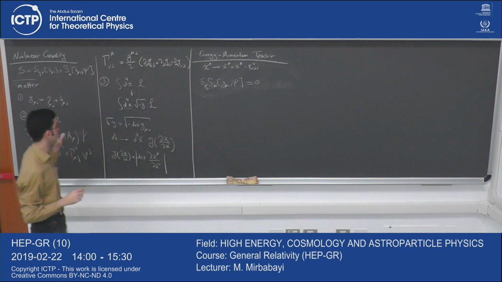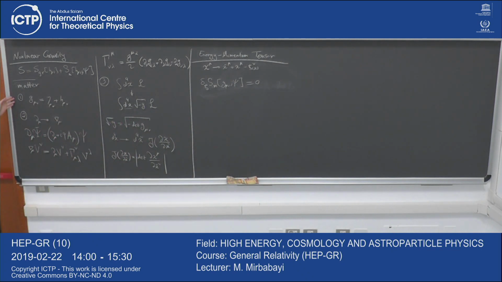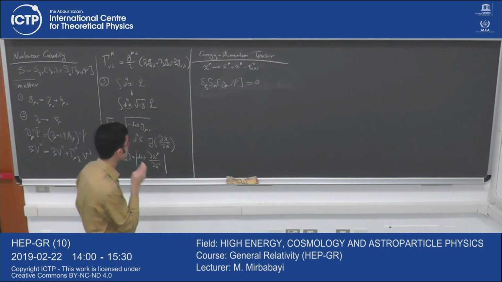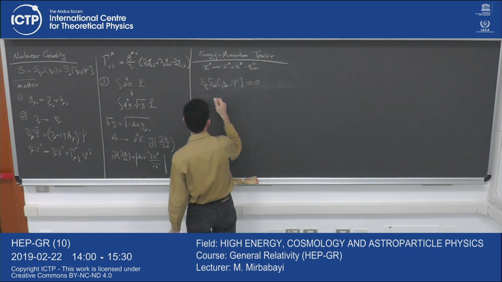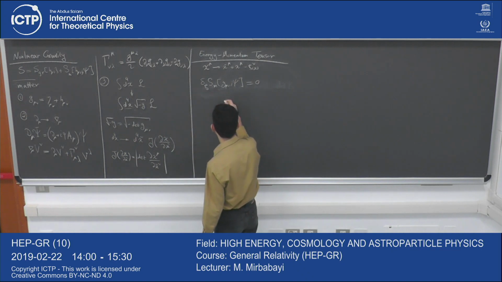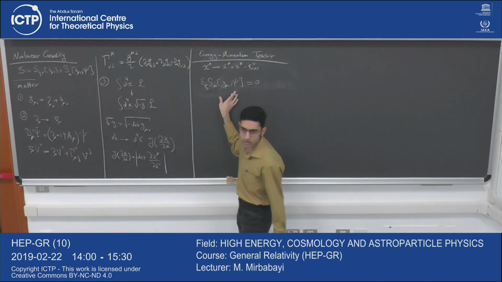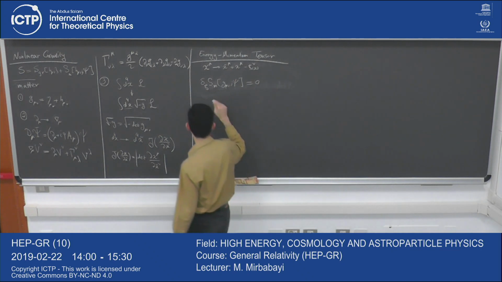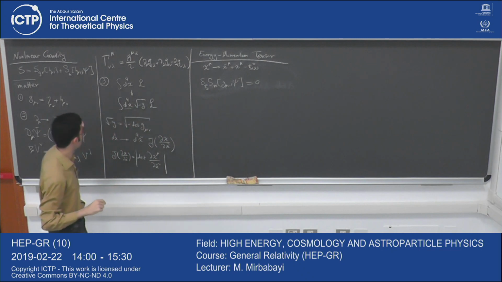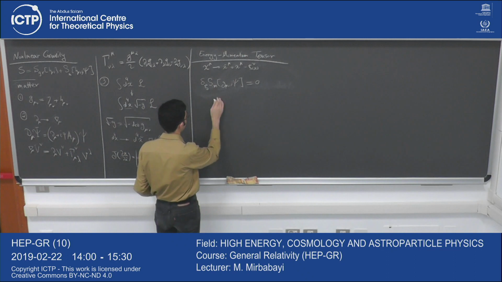That's the goal of these three rules, to construct some action that is invariant under those variations. Now we can look inside this action and see how this happens. So if I look at this action, how is it written? It's written in the following way, right?